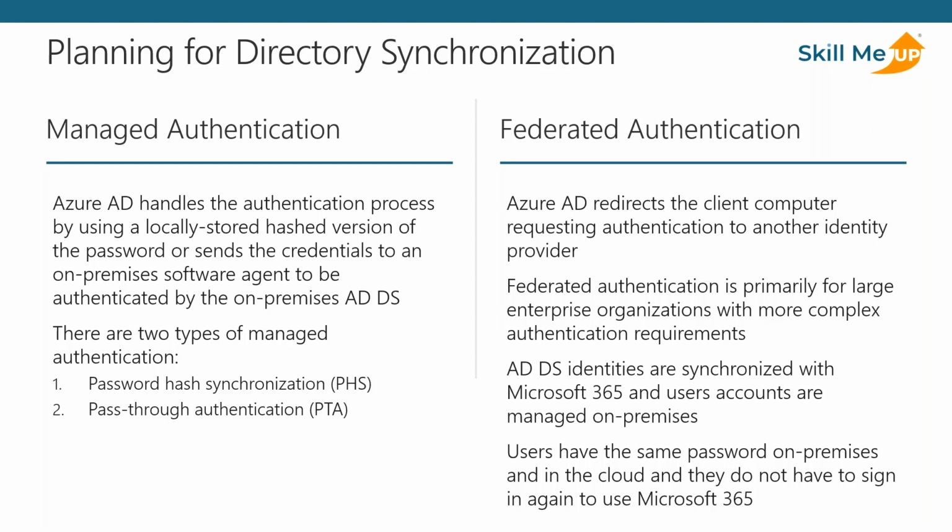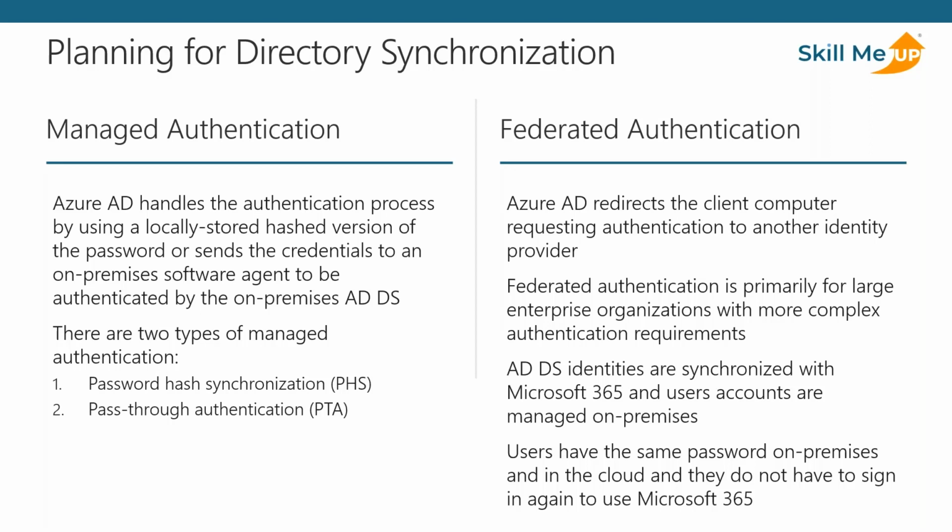Federated authentication is primarily used for larger organizations that have more complex authentication requirements. However, more recently, lots of different organizations are moving to this kind of approach because the federated idea allows you to do single sign-on to other applications that may not live in the Microsoft cloud.